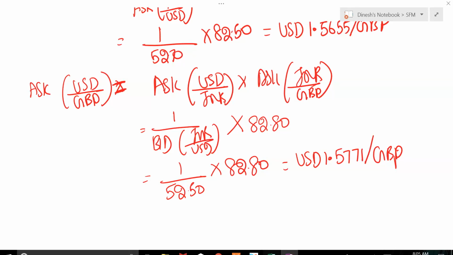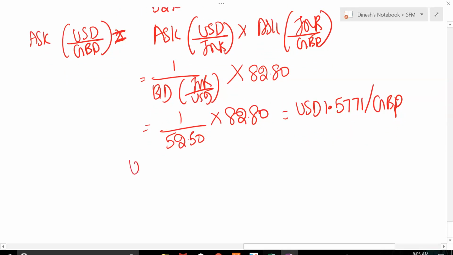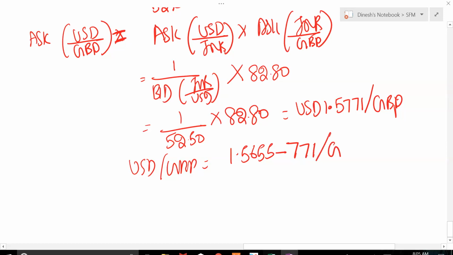Clear? Any doubts? Done? Now I'll have to combine this and make the quote. USD per GBP is equal to 1.5655-771. USD 1.5655-771 per GBP.